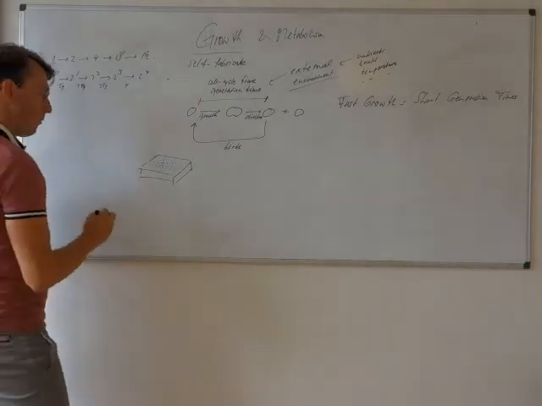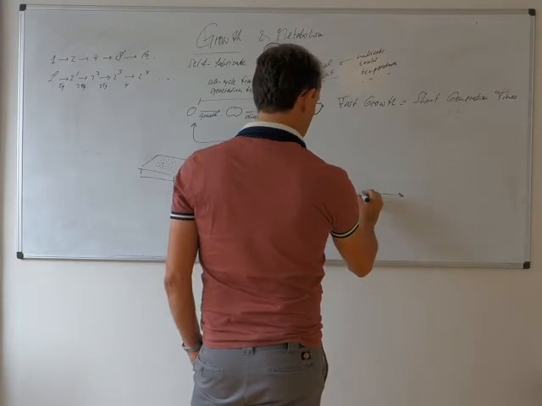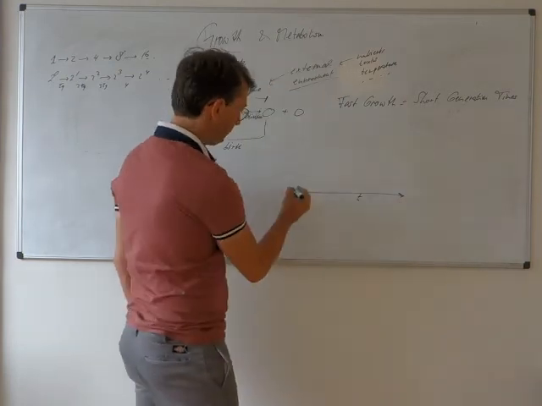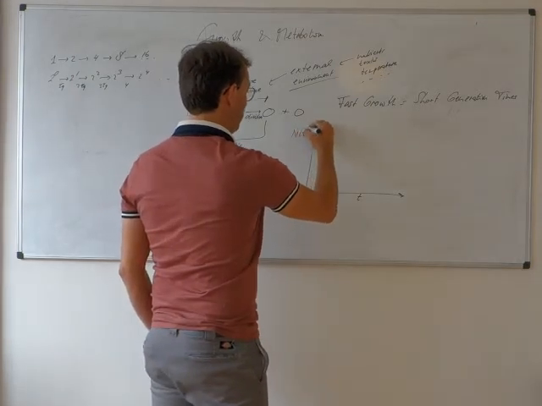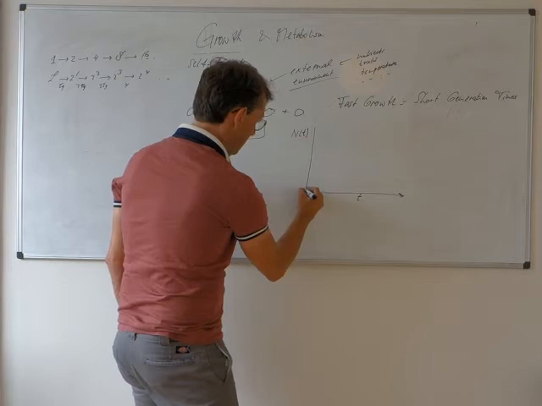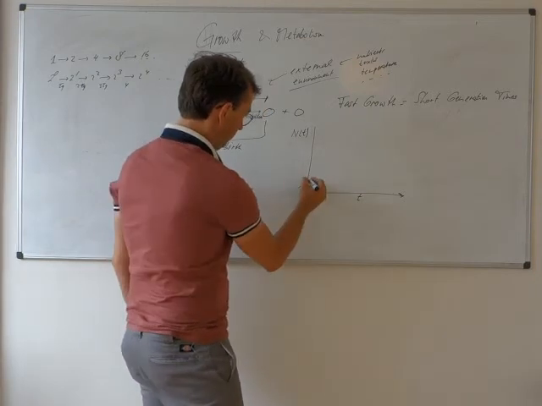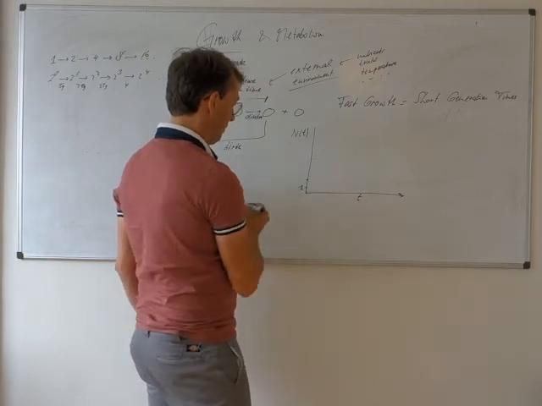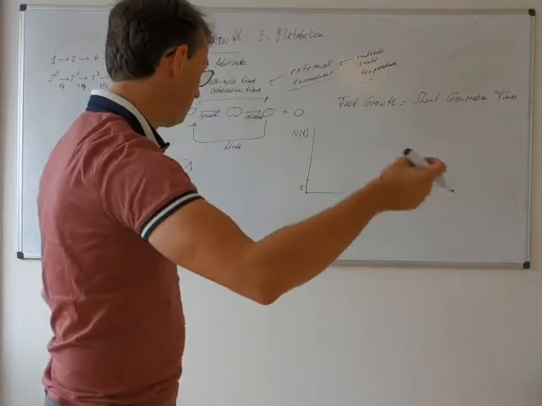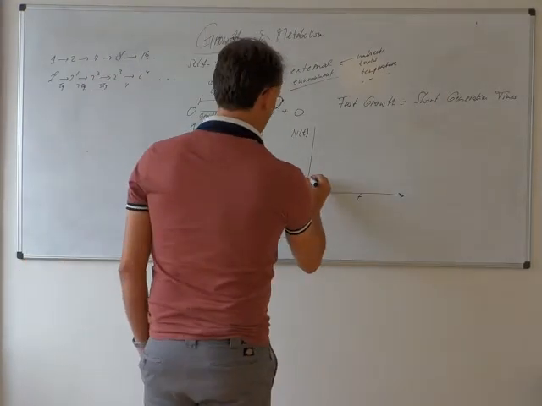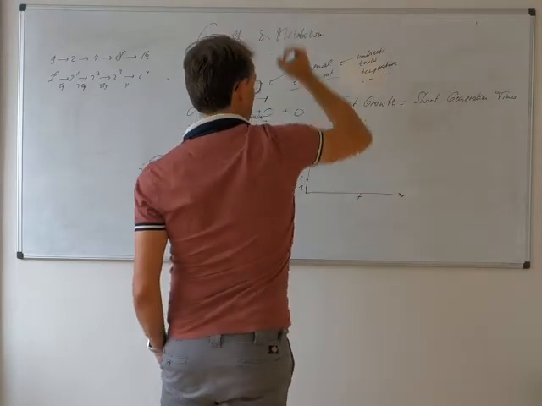So, if we have a time axis like this, and a number of cells axis here, and I start with 1 cell, and then the value 2 is important, the value 4 is important, the value 8 is important, 16, 32, etc.